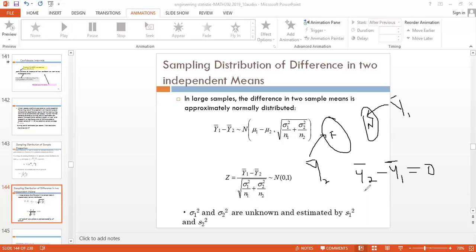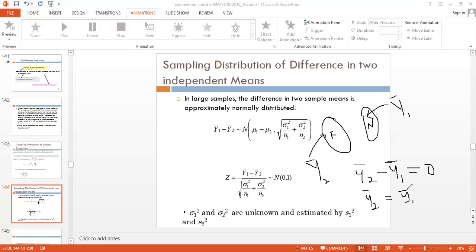If they are equal to zero, then what it also means is y2, the average of population 2, is equal to the average of population 1. So in other words, there is no difference between applying fertilizer and the normal technique. That is what this test brings on board.